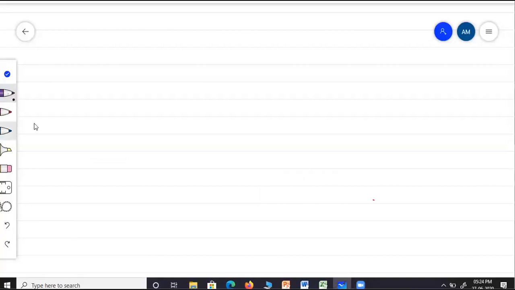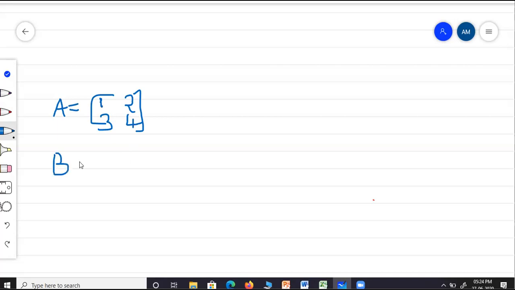For example, we have matrix A as 1, 2, 3, and 4. And another matrix B, that B is the inverse of A. That means it has the same elements, but the sign is opposite.